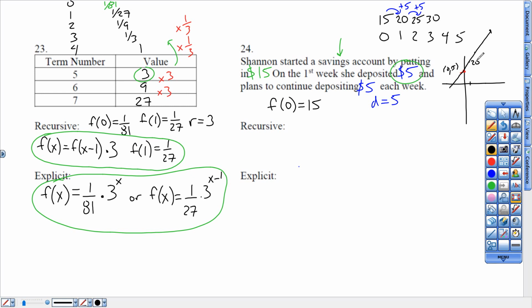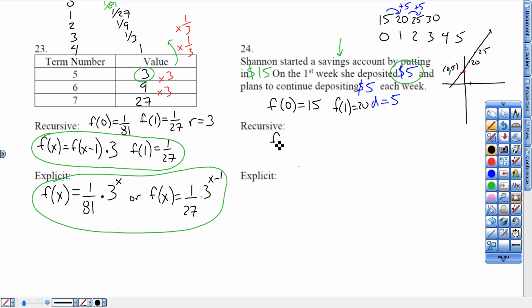That's what this line, that's the situation is showing you. So for this, first term is 20. The D number is 5. This is an arithmetic word problem. We'll be practicing this before Friday, I promise.